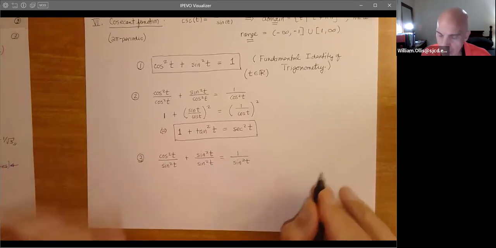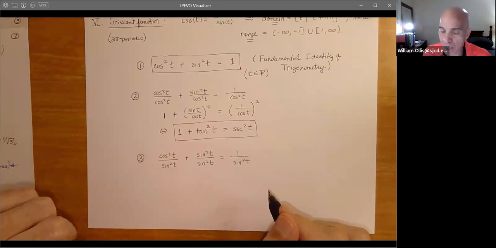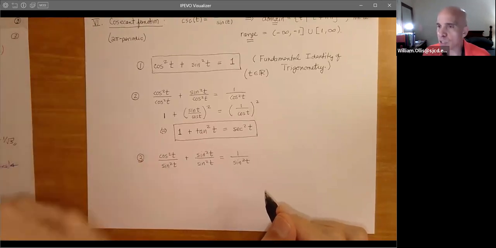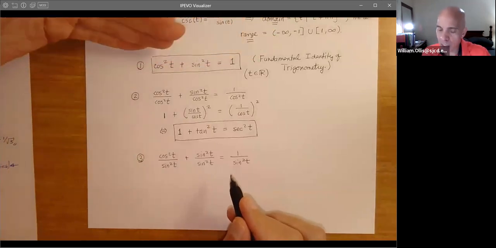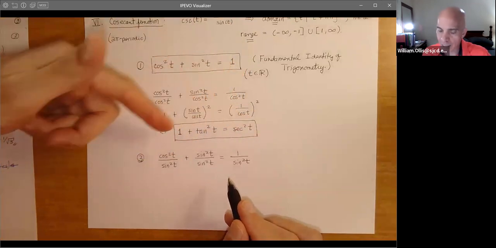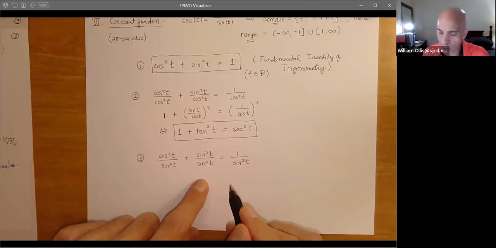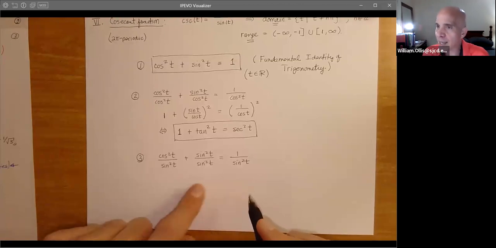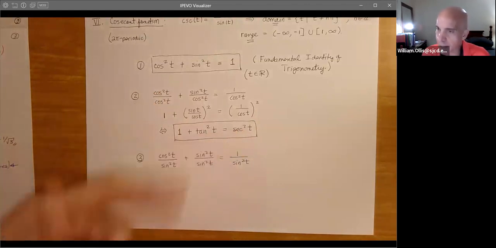And again, you can divide by other terms. But what we want to generate in each of these is a Pythagorean equation that connects sine and cosine, a Pythagorean equation that connects secant and tangent. And in this one, we're going to connect cosecant and cotangent, just like we did in equation 2 for secant and tangent.